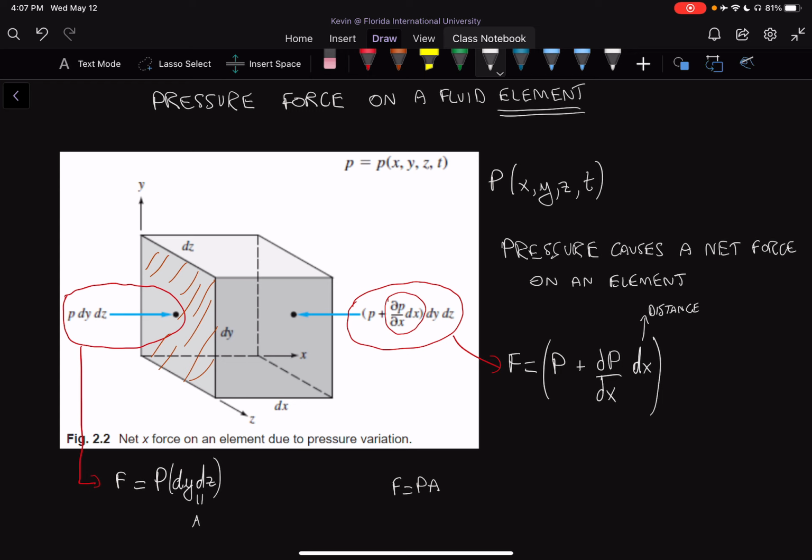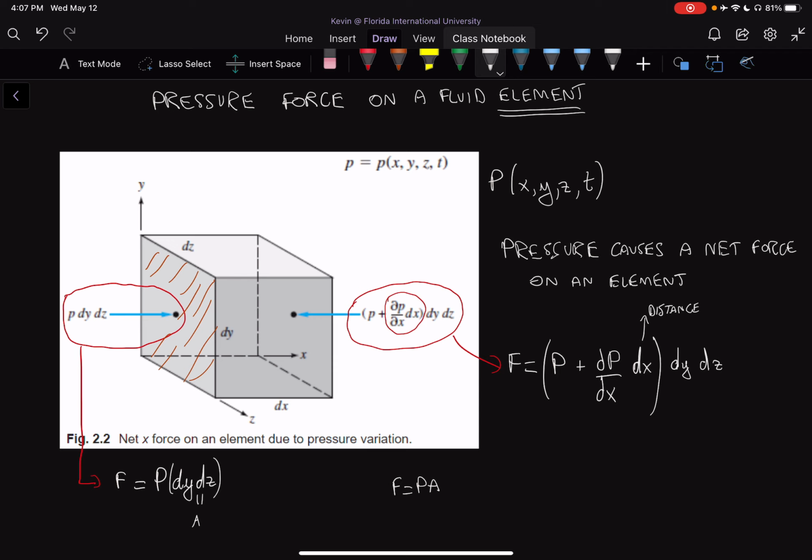The reason we have this distance is because P is dependent on x. Then we multiply by the area it acts on, which is dy dz.